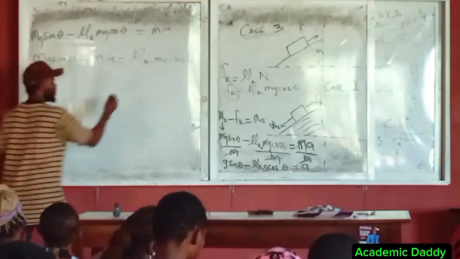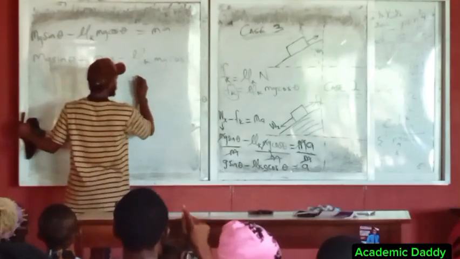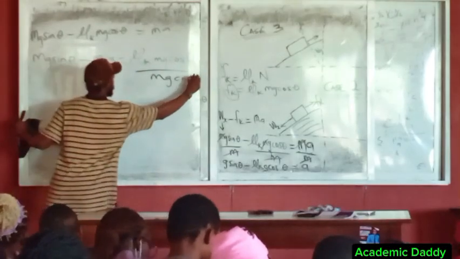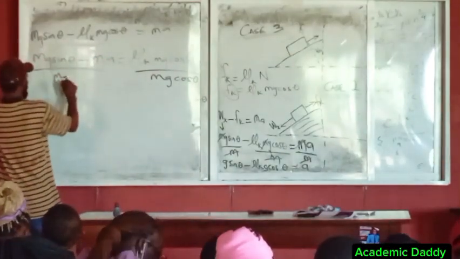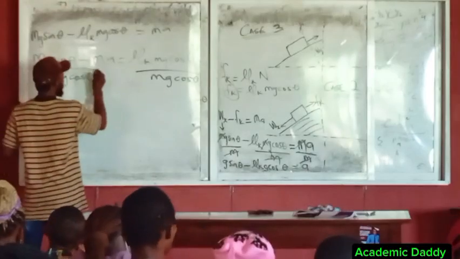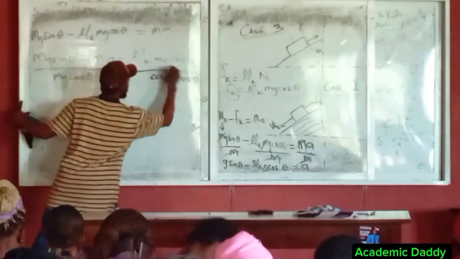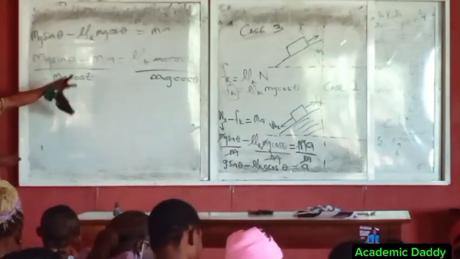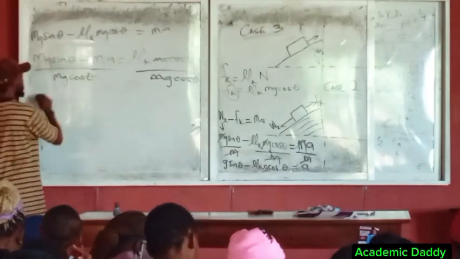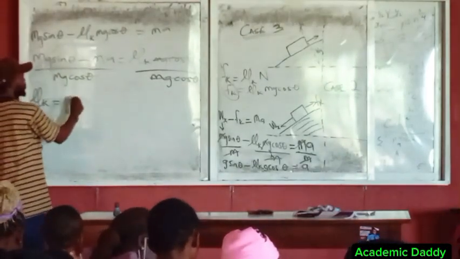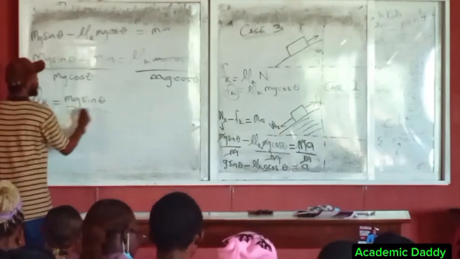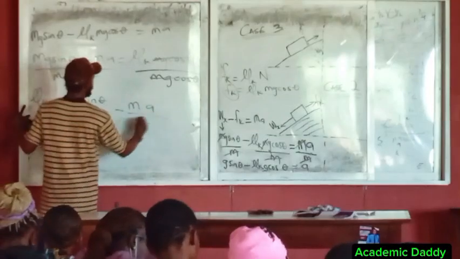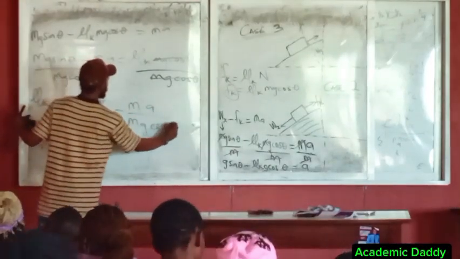I divide the right side by mg cos theta, so the coefficient of kinetic friction equals mg sin theta all over mg cos theta minus ma over mg cos theta.